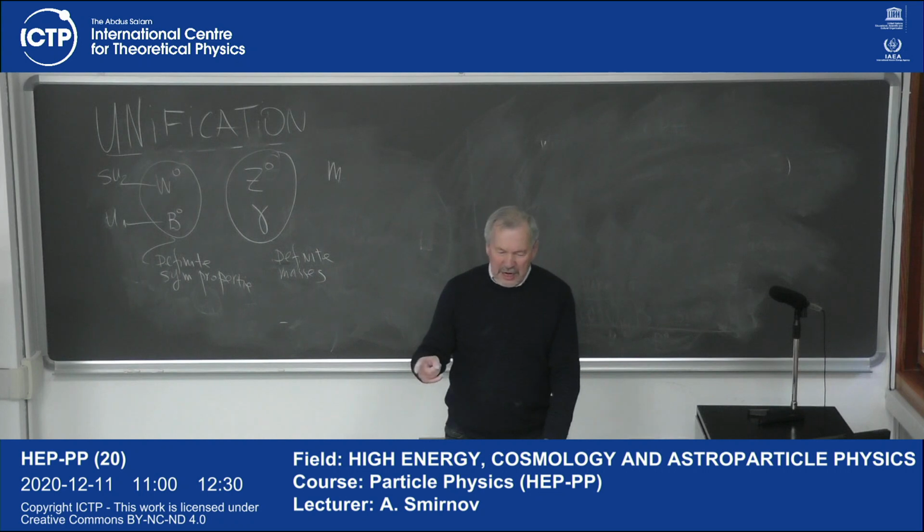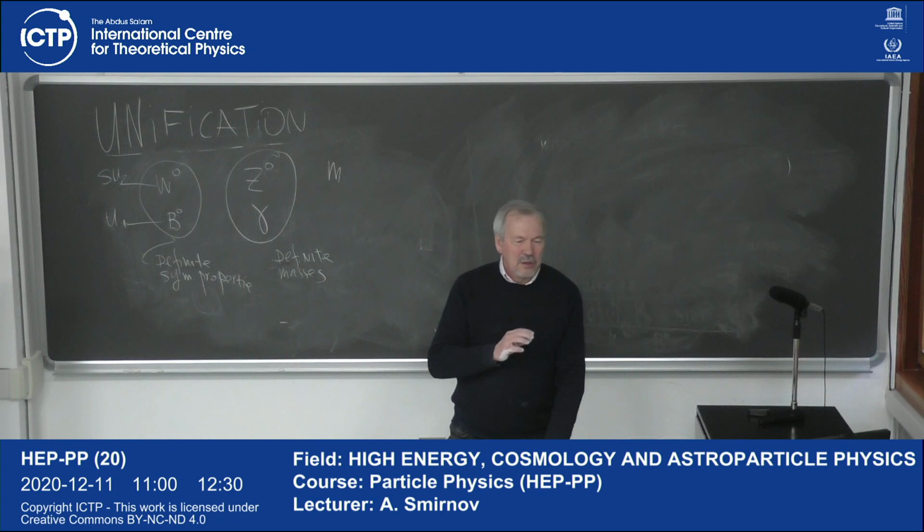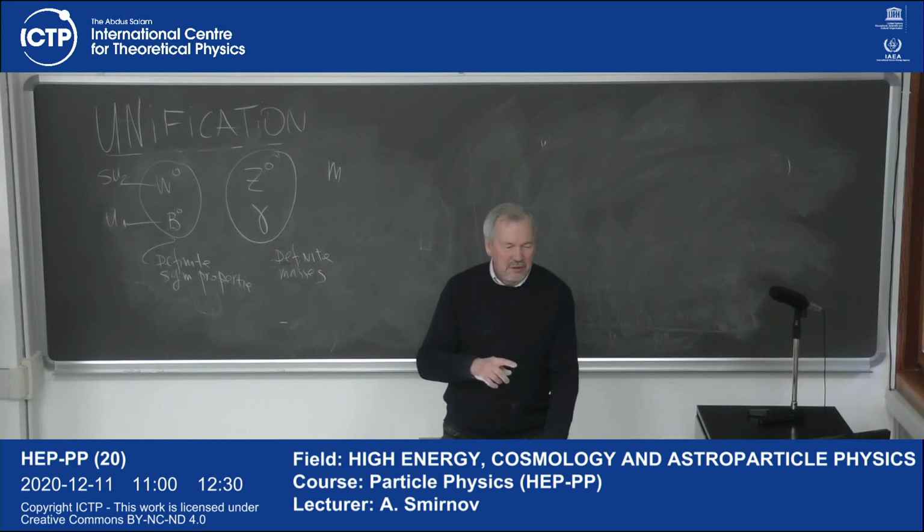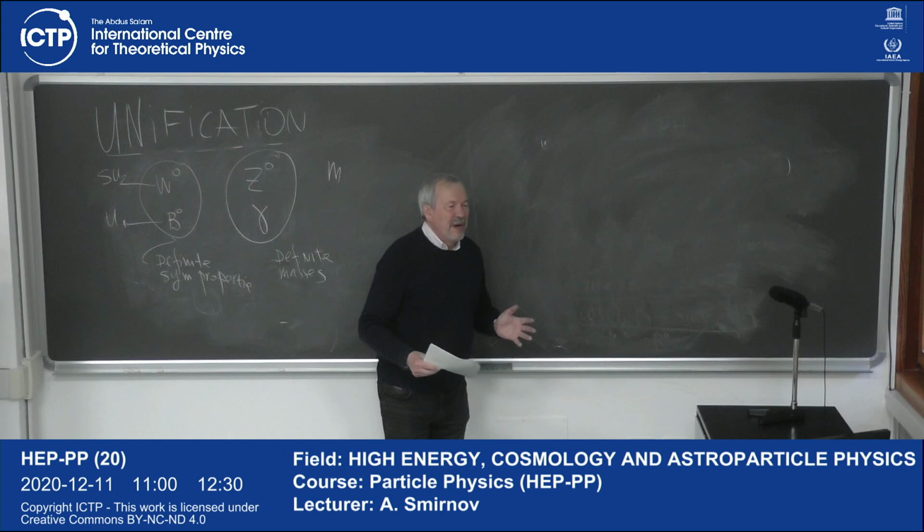Each of these groups has its own coupling constant, so we are not really unifying electric charge or electromagnetic coupling constant and weak coupling constant. We are just reshuffling: originally it's g and g prime, and g prime corresponds to U1. So we start with two couplings and we end up with two couplings, and so there is no unification of couplings. And it's not a very good unification of gauge bosons.